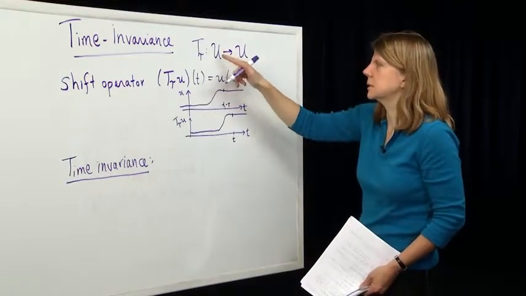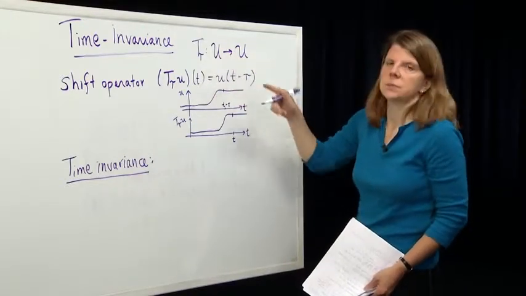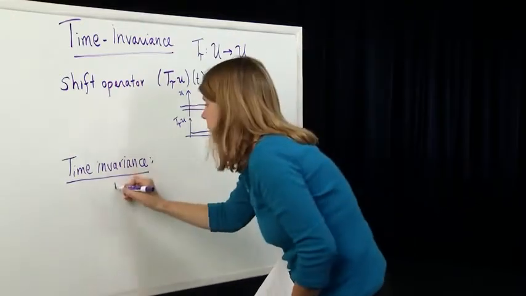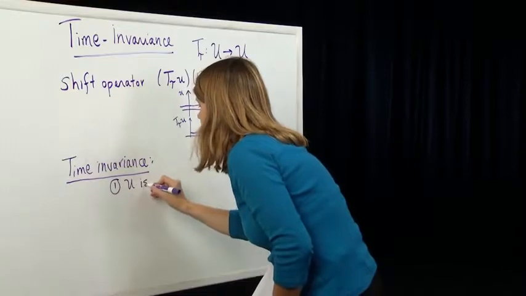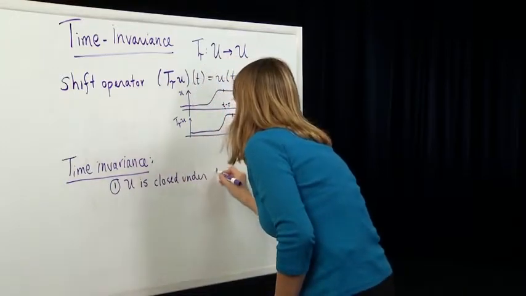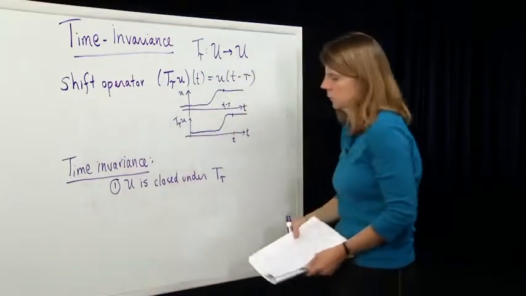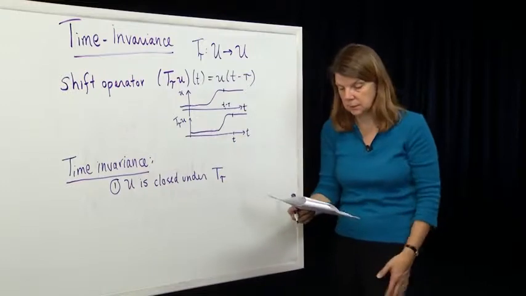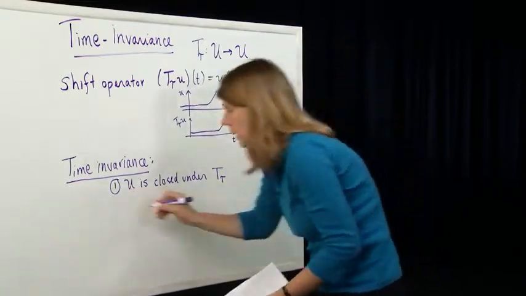So we say that the input space is closed under the shift operator. U is closed under T_tau. So you start with an input, you shift it, you're still using a valid input to that system.